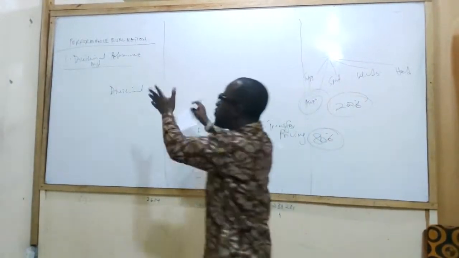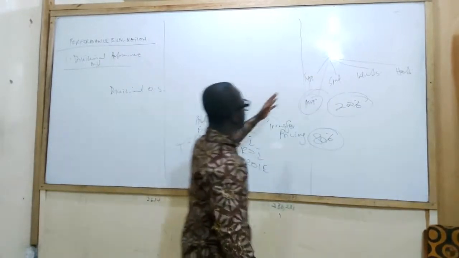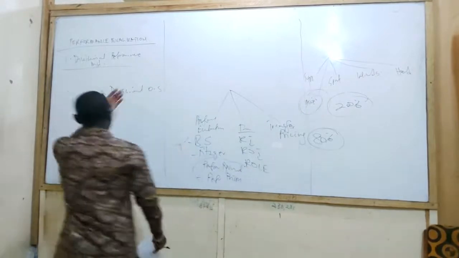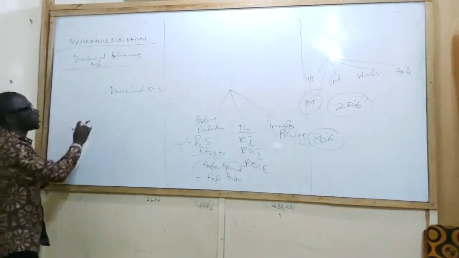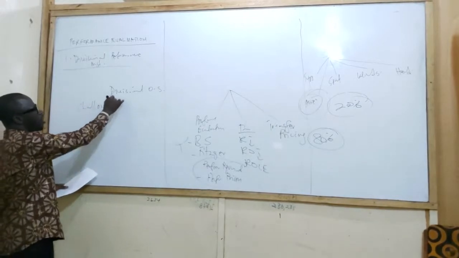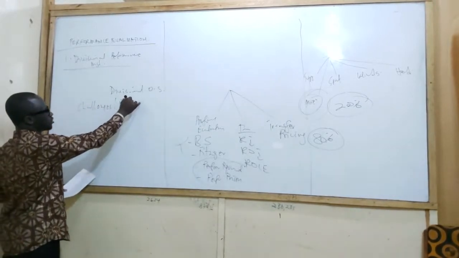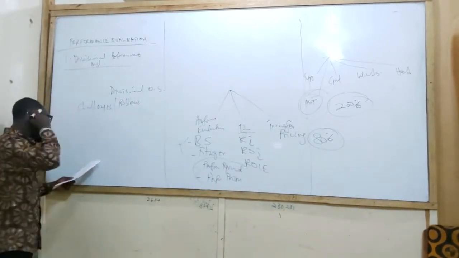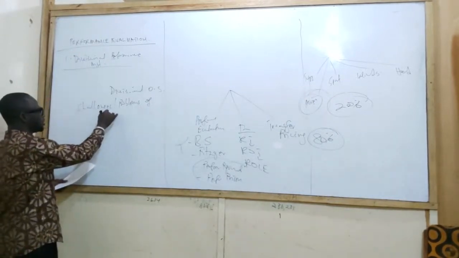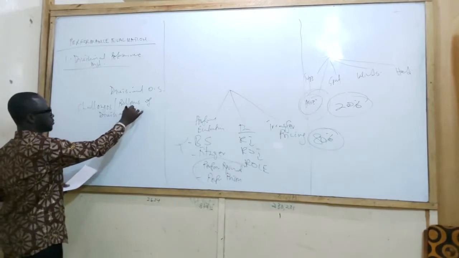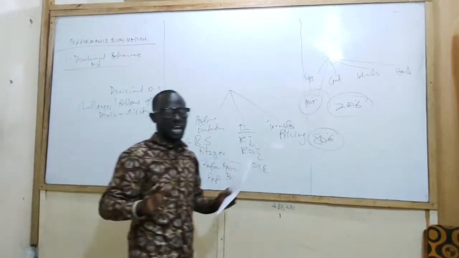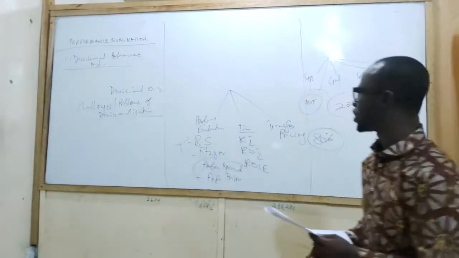But when we divide the entire organization into various divisions, there are a couple of challenges that companies have. So the first thing we want to look at is the challenges, or if you want, problems of divisionalization.